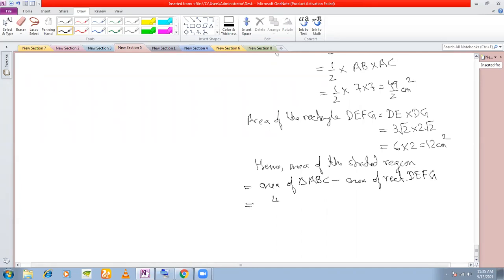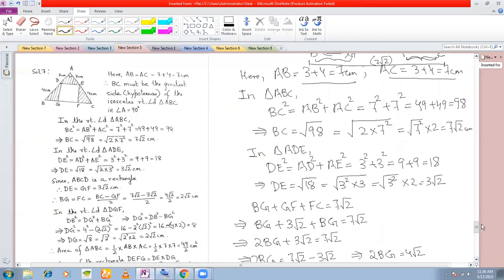Area of triangle ABC is 49 by 2 and area of rectangle DEFG is 12. So you can take the LCM here and you can work it out, which is 12.5 centimeter square. That is the area of the shaded region. Okay. Any questions here at any part?